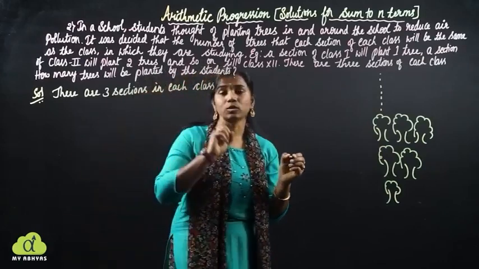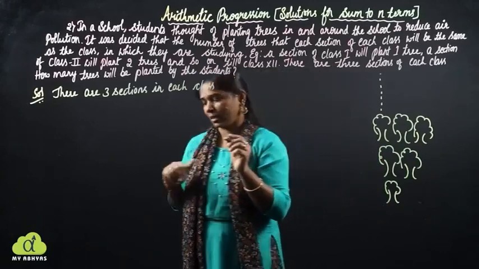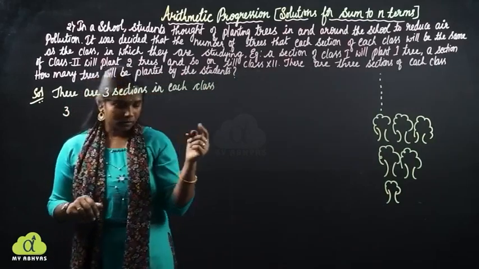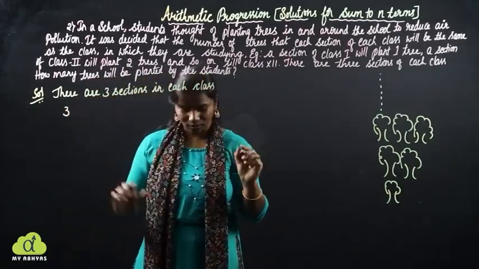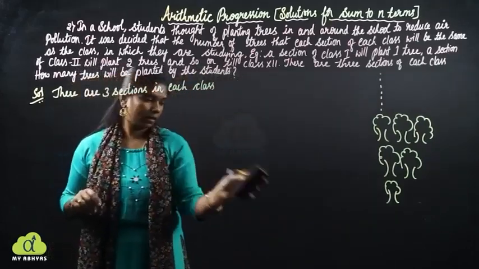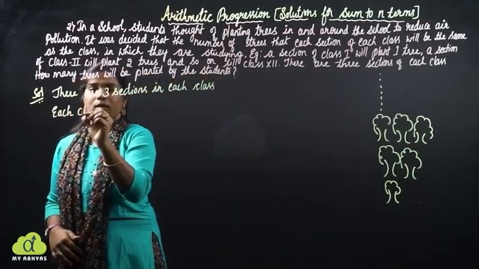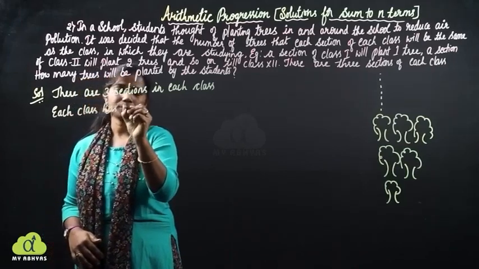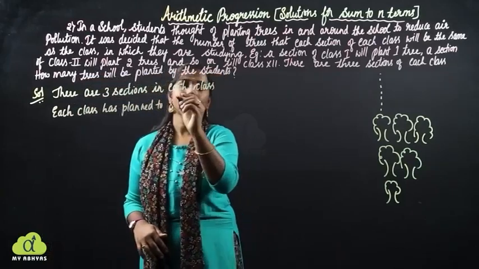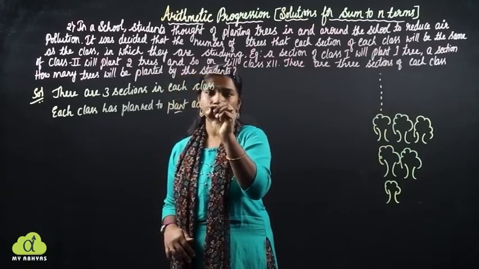Therefore, for class 1, how many sections will be there? 3 only, so that is 3 into 1, it is 3. Before writing 3, let us write: each section for each class has planned to plant according to their classes.